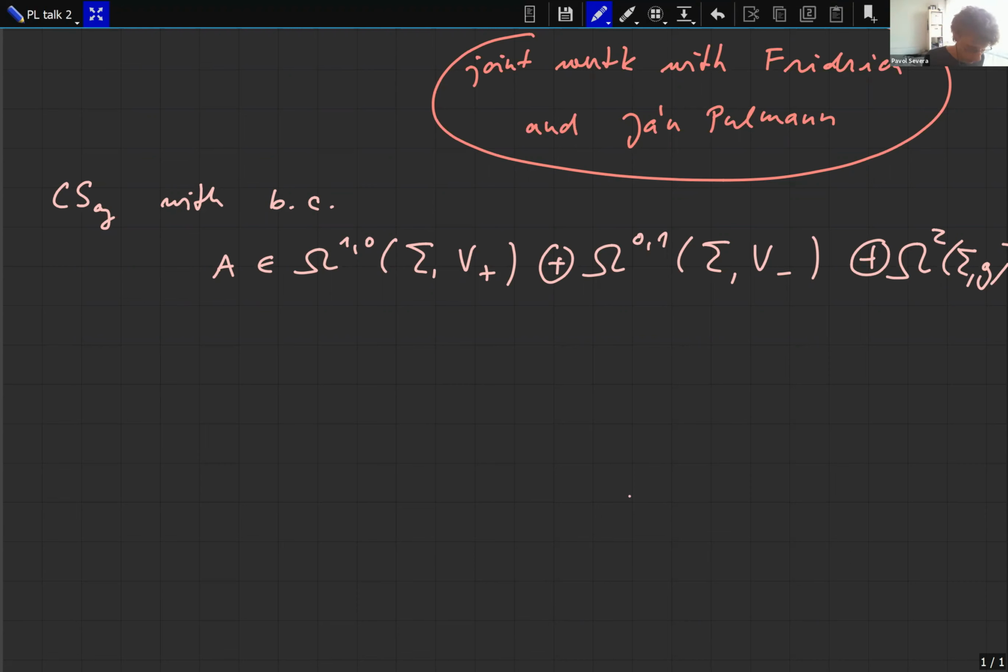The idea is that it should simply be the renormalization group flow for Chern-Simons theory with this boundary condition.